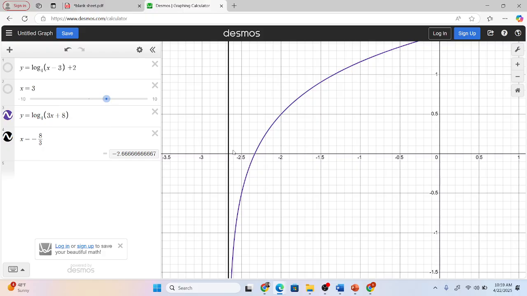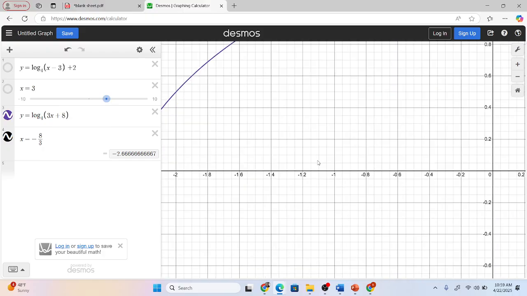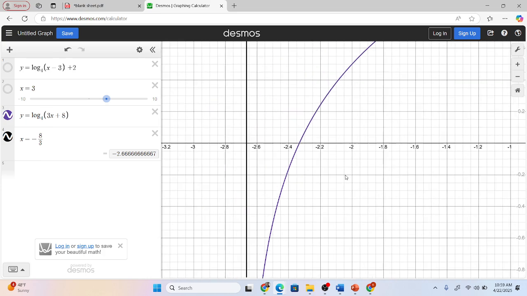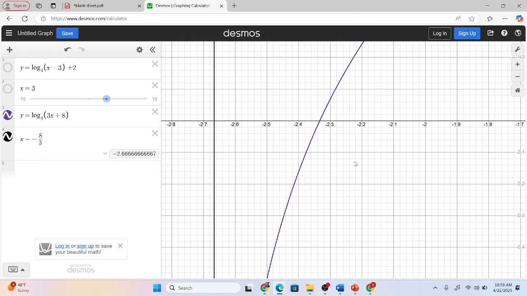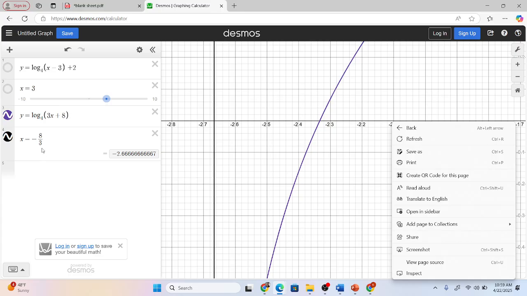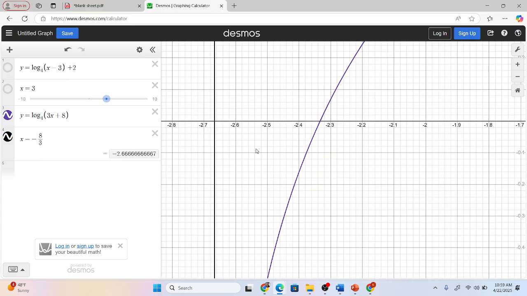That's what this line is at. Yep, there we go. So negative 8 over 3 is between negative 2.6 and negative 2.7. So that's where my line is right there. That's my asymptote line. And here's my little funky graph. So you can have an asymptote line that's negative.